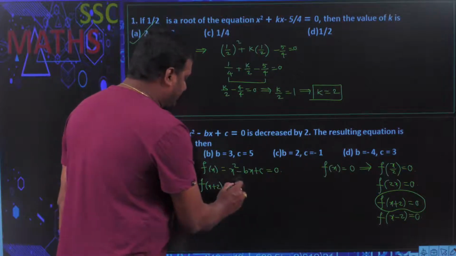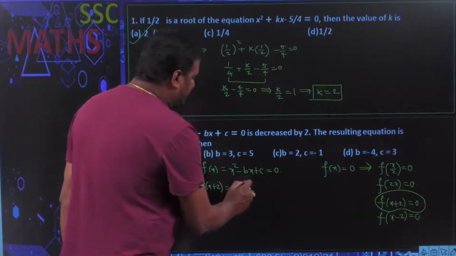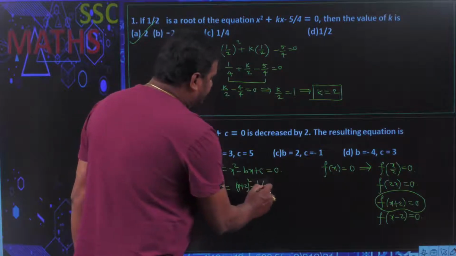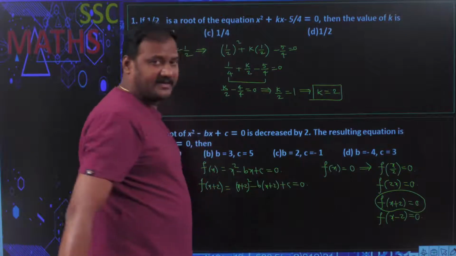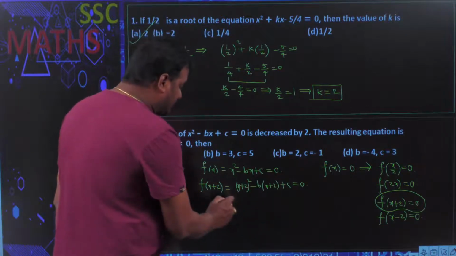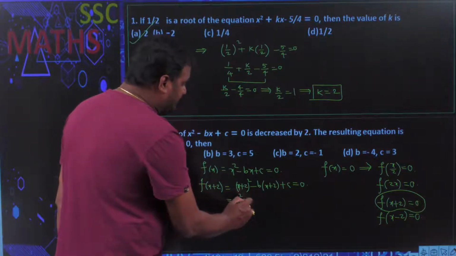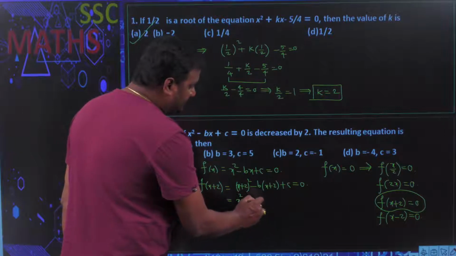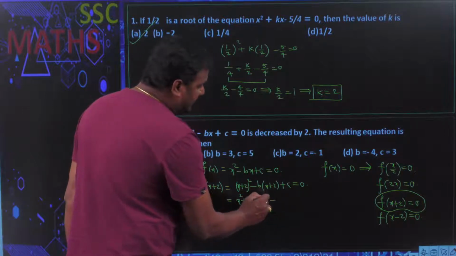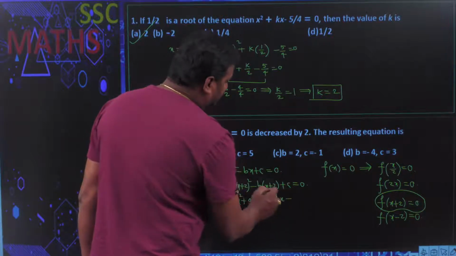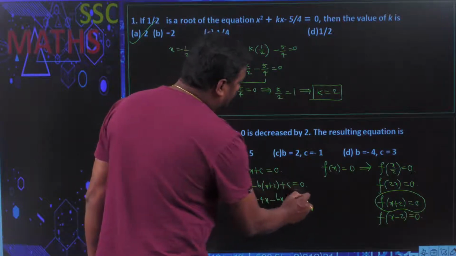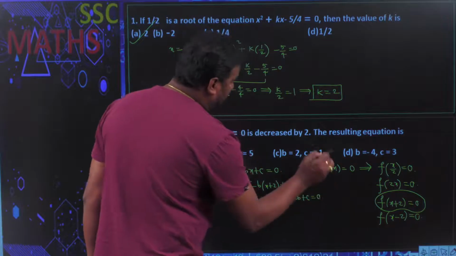Then it will become x plus 2 whole square minus b times x plus 2 plus c is equal to 0. X plus 2 whole square is going to be x square plus 2 square, which is 4, plus 2 into 2, which is 4x, minus b into x is bx, minus b into 2 is 2b, plus c is equal to 0.